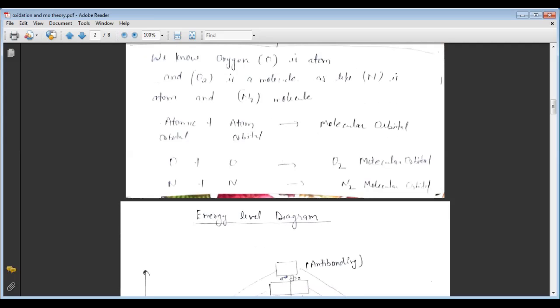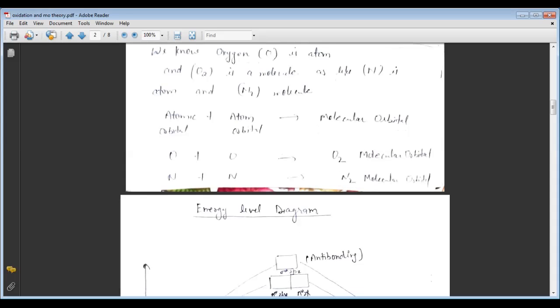One more thing is important: the atomic orbitals may be the same, or they may be different. Suppose we take the example of the same atomic orbitals, like O2, N2, H2. These are homonuclear molecules. And there are some others, like NO and CO. These are heteronuclear molecules. So first of all, we are going with the molecular orbital theory for homonuclear molecules, and after that we will go with heteronuclear molecules.